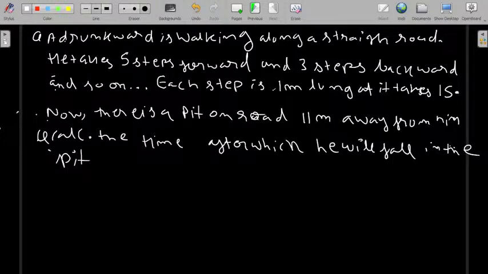हिंट दे दिया मैंने. I will give you 30 seconds time. Try to solve this question. I'll wait for you guys. 30 seconds. Come on.